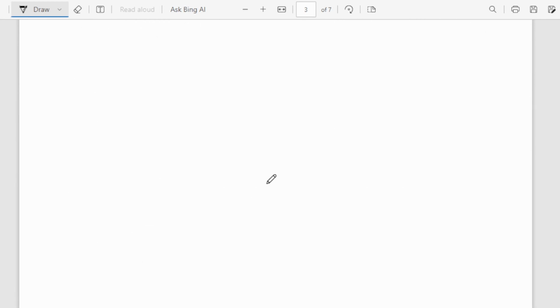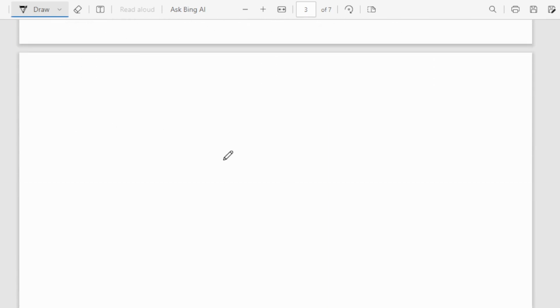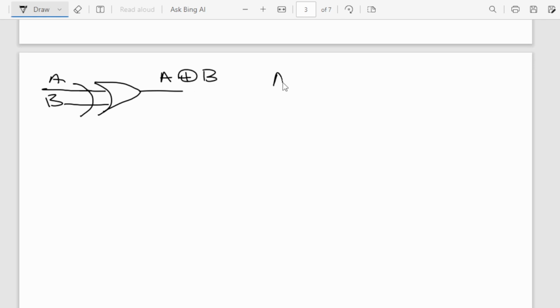Let's talk about the exclusive OR gate that we discussed some time ago, right? So for example, the exclusive OR, this was the symbol for it, and we said that the logic was a bit different in that we said the Boolean expression was A or B. Now if you look at the truth table, let's just put Y here to represent it.